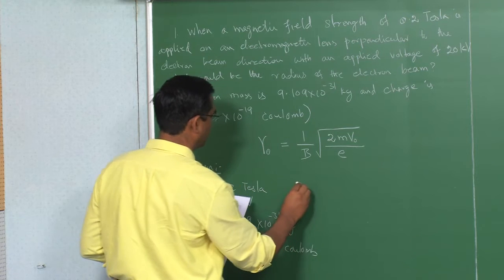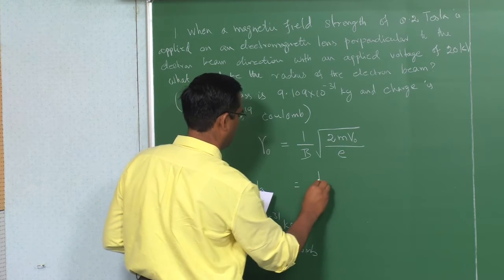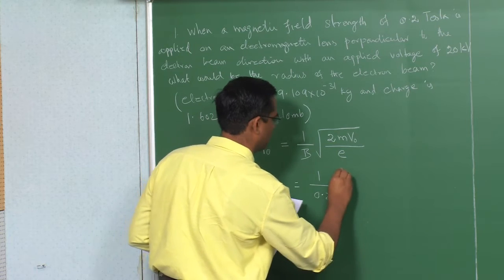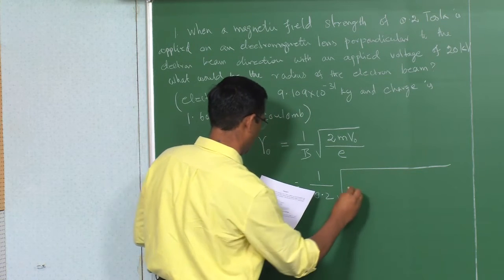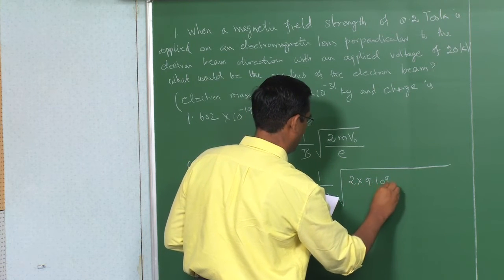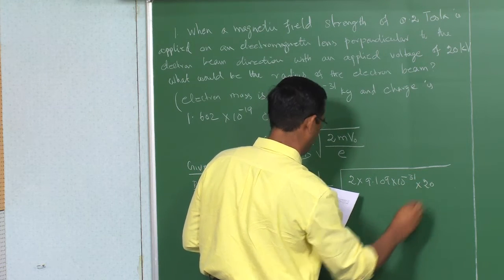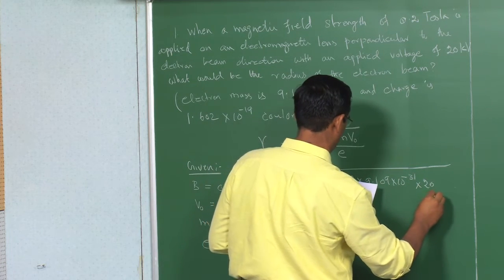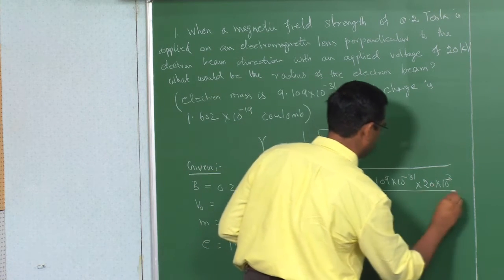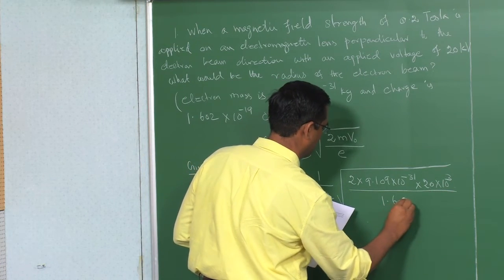We can write, by simply substituting, 1 by 0.2 times the square root of 2 times 9.109 times 10 to the power minus 31 times 20 times 10 to the power 3. We are keeping the voltage in volts, and this is the charge.